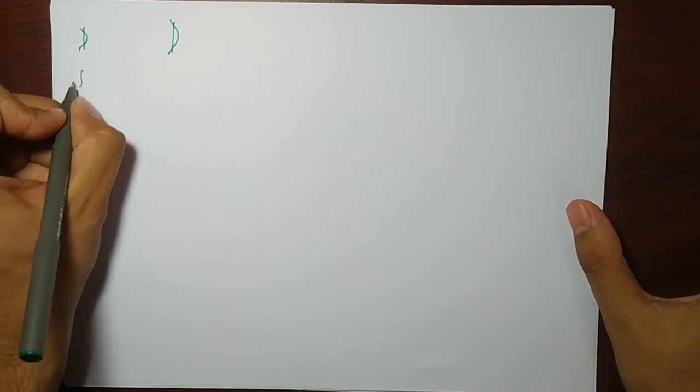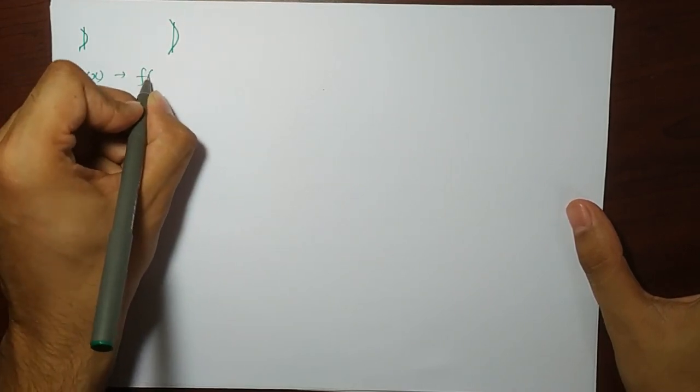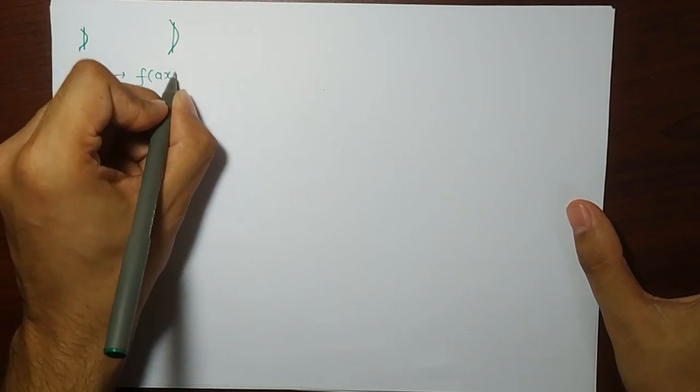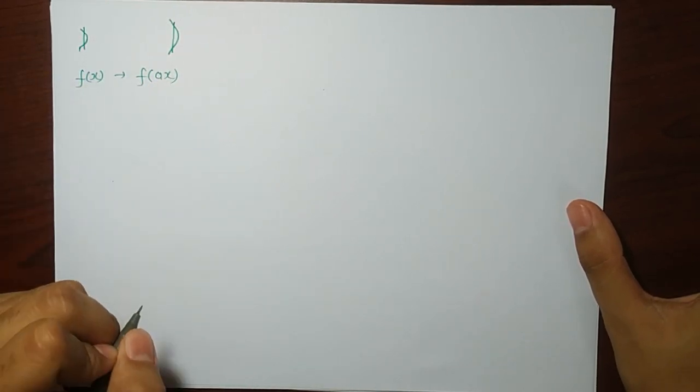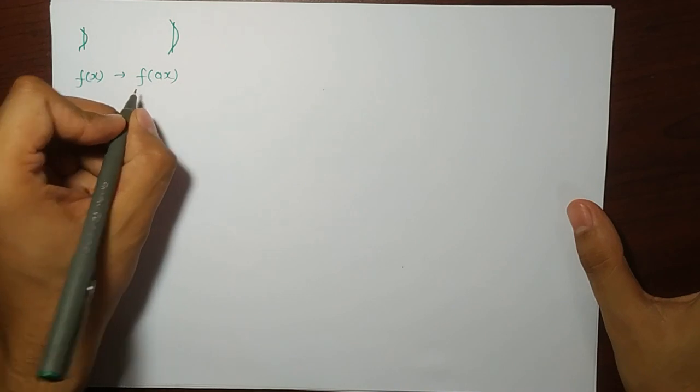So if I have f of x, then what will happen if I do f of ax? A can be any value from 0 to, it can also have a negative value, that's not an issue. Fine. So what will happen? Again we'll push this into the formula.